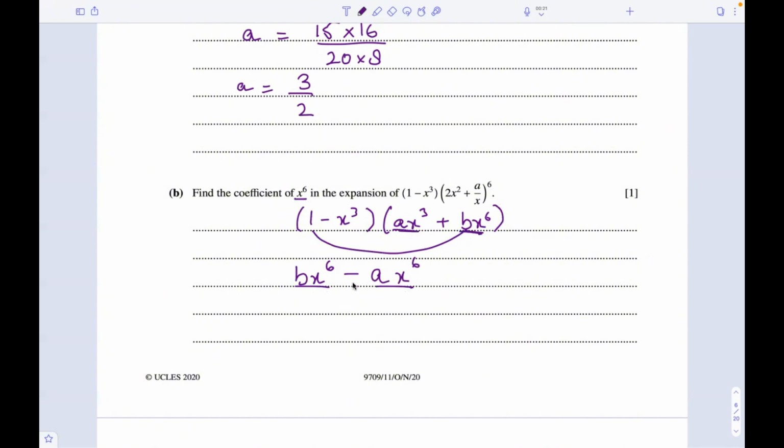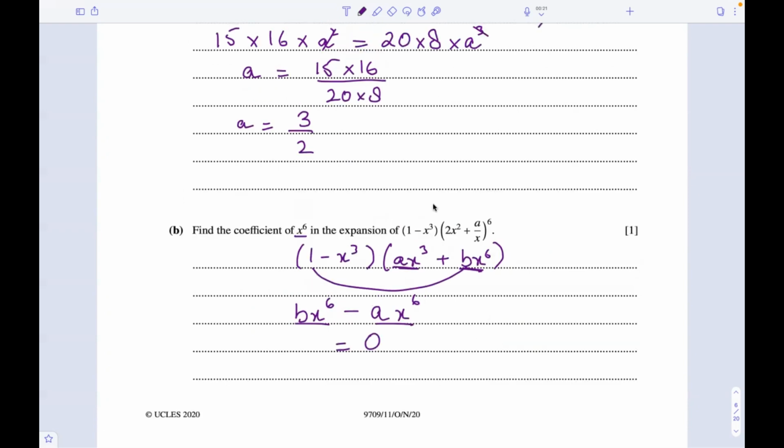So when they subtract, this whole thing will become 0. The coefficient of x to the power 6 will be 0, as the coefficients of x cube and x6 are both equal values. When I multiply bx to the power 6 by 1, it will remain as it is. And when I multiply ax cube by x cube, it will also remain as it is. The coefficients will be the same, and as they're equal, it will cancel out and become 0.